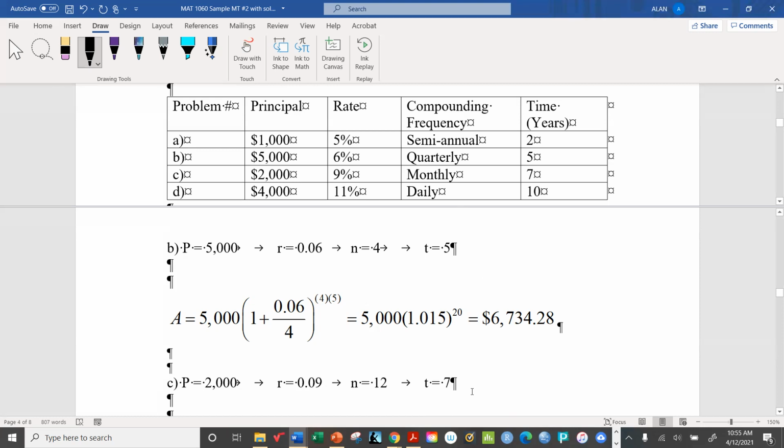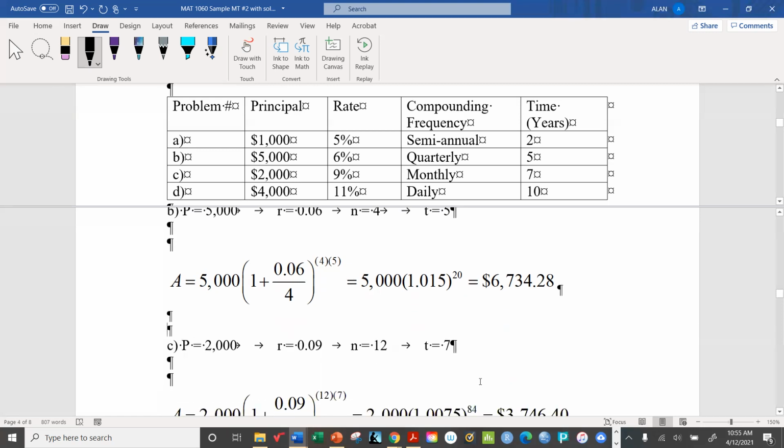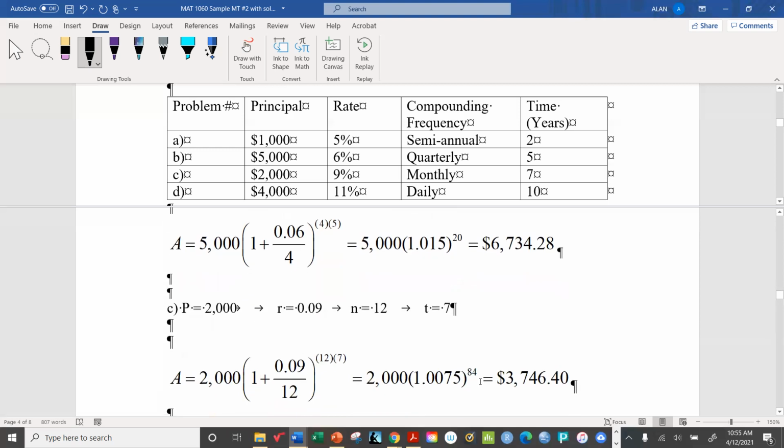So therefore, when you plug in these numbers, here's what you'll get. $2,000 times 1 plus 0.09 over 12 to the 12 times 7 power.